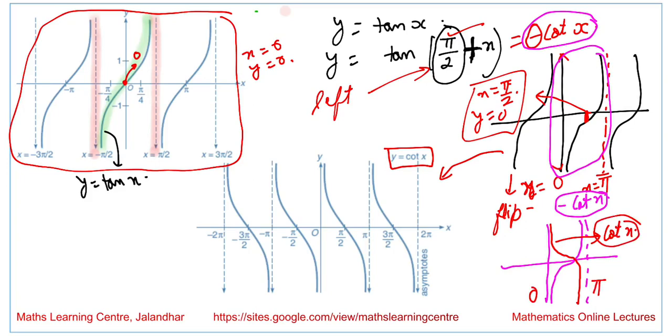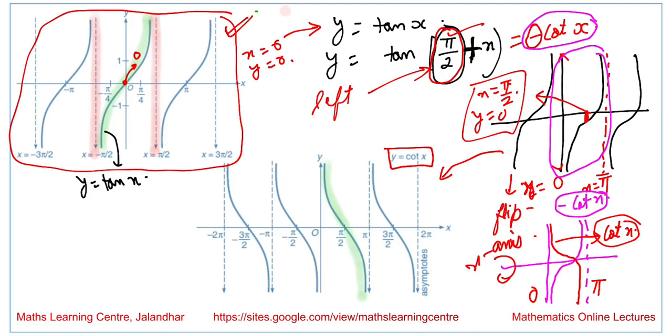So we started from the graph of tan x, moved it by pi by 2 towards the left, then flipped all these points about the x axis, and we obtain the graph of cot x.